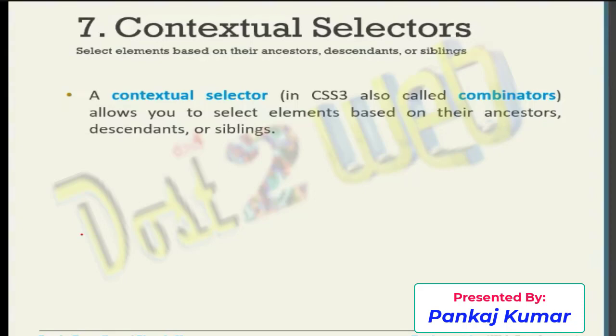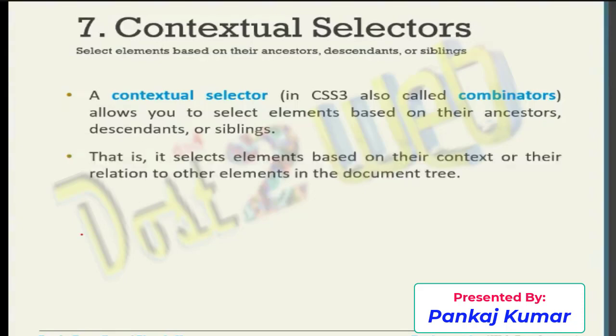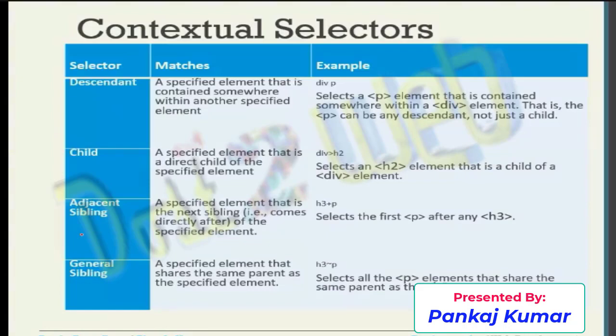This is your contextual selector, and it selects elements based on their relation to other elements in the document tree. The selectors we have are descendant, child, adjacent sibling, and general sibling. So you can use something like division P.